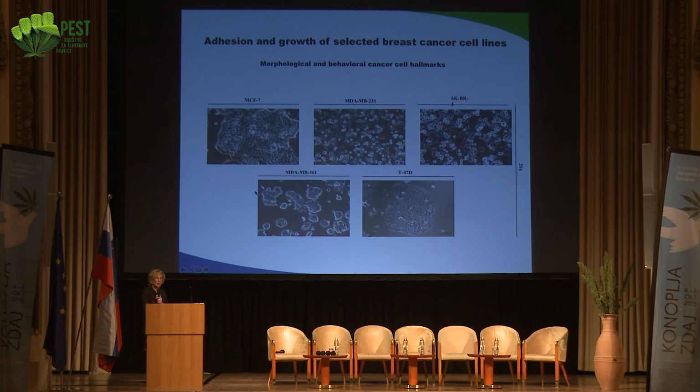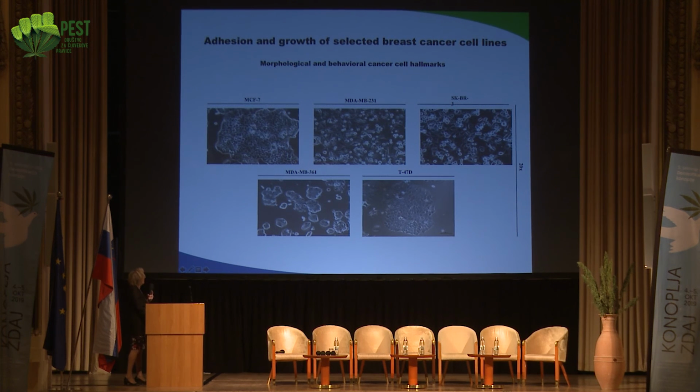For this study, which we are doing in collaboration with the Institute of Oncology in Ljubljana, we have selected specific established breast cancer cell lines that you can get in cancer cell banks, and then you grow them.